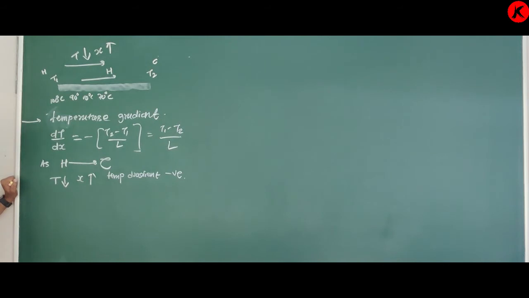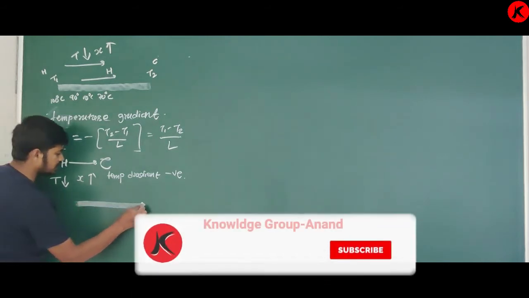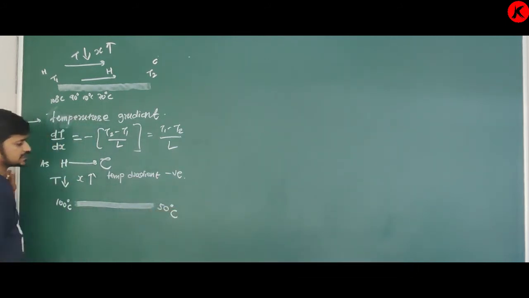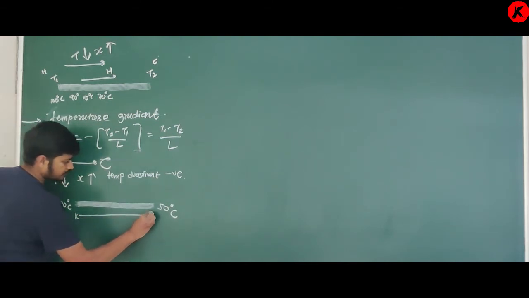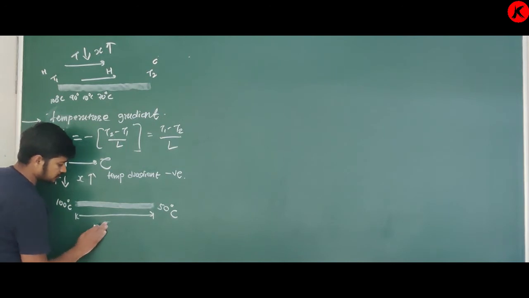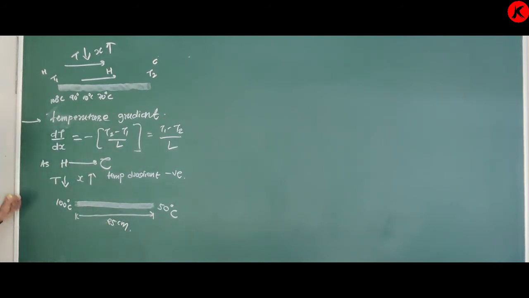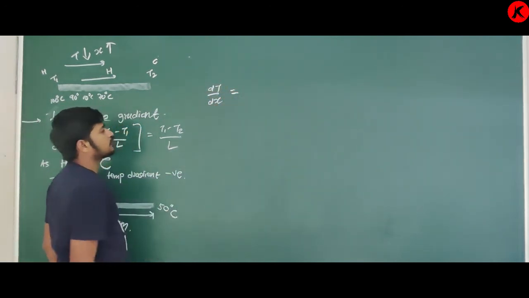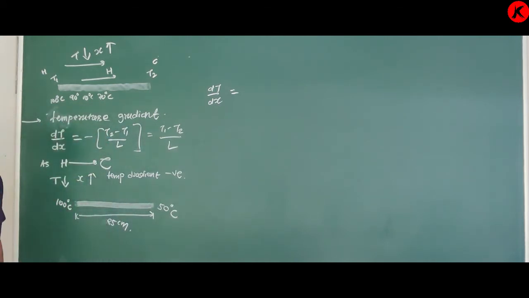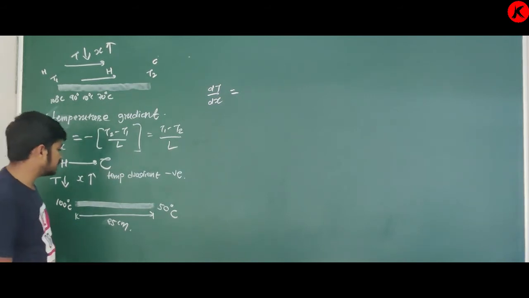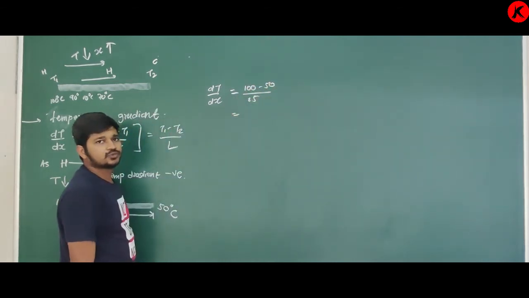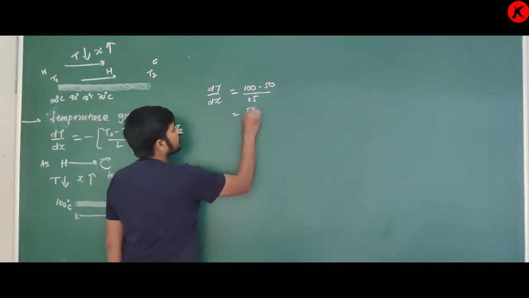Okay, if I give you an example: for this rod, this end's temperature is 100 degrees Celsius, this end is 50 degrees Celsius, and the length is 25 centimeters. Then what is the temperature gradient? dT upon dx is equal to T1 minus T2, that is 100 minus 50 divided by 25.